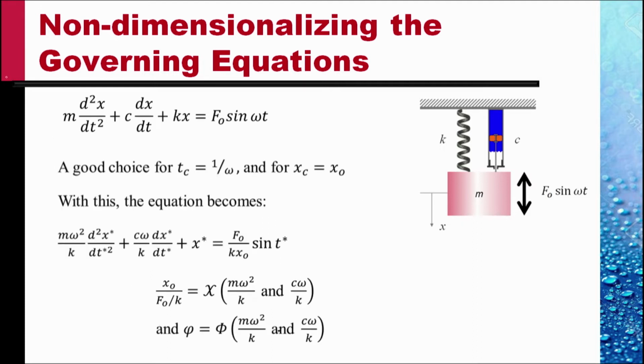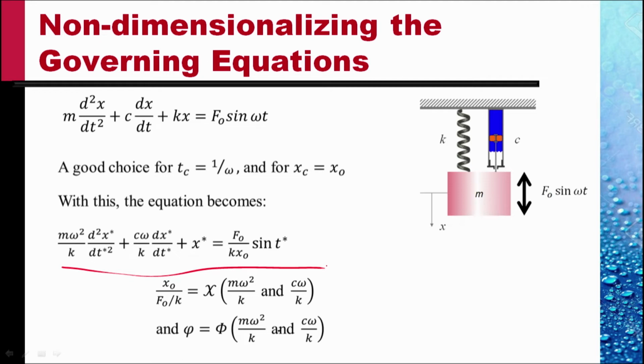A good choice for tc, the characteristic value of time, is 1 over omega, 1 over the frequency of the forcing function. And a choice for xc, the characteristic value of x, is the amplitude. It's a good choice. With this, the equation would become this.